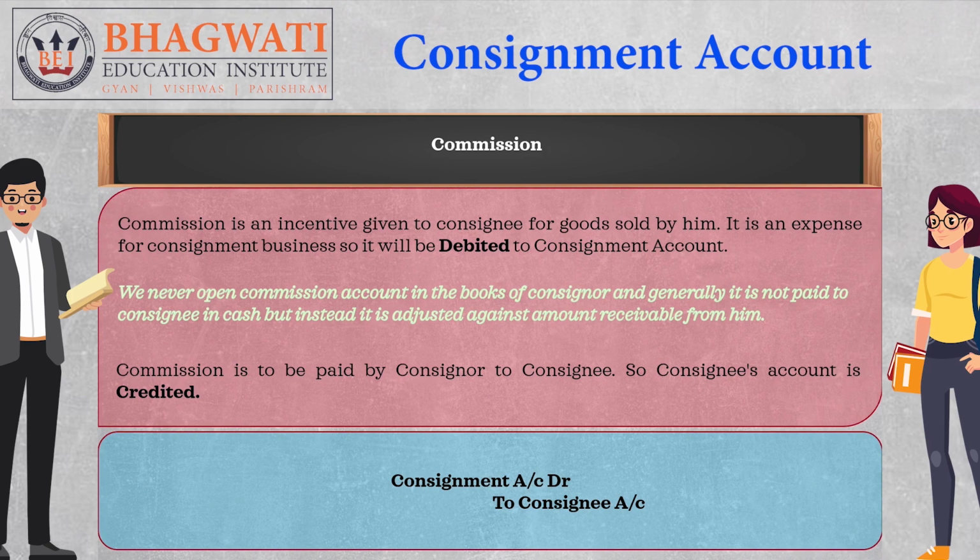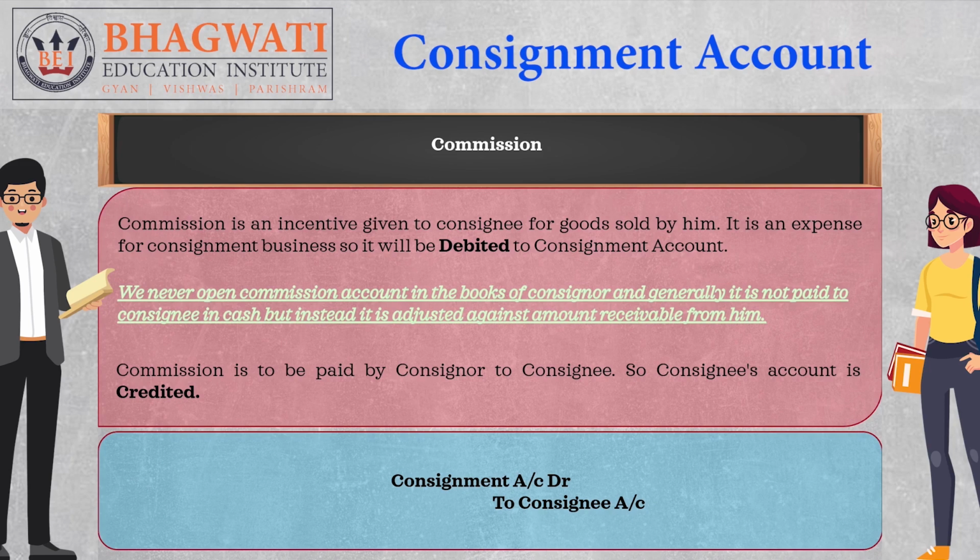But here, even for expenses paid by the consignor for special packaging, freight or transit insurance, or even expenses paid by the consignee like godown rent and insurance of godown, we are not opening those accounts specifically, but instead we directly debit the consignment account. Why so? Because the main reason behind this is, in trading and P&L, we do not have these accounts throughout the year. Trading as well as P&L we prepare at the end of the year.